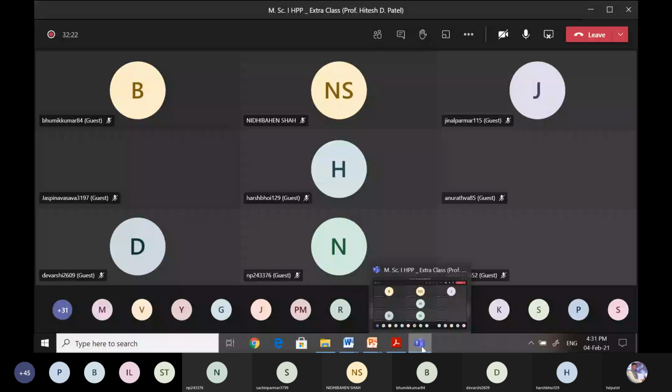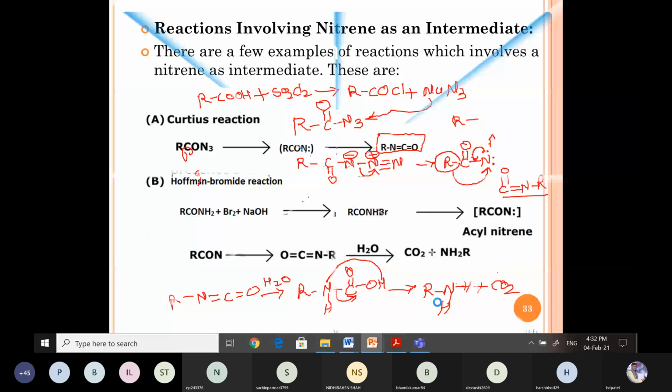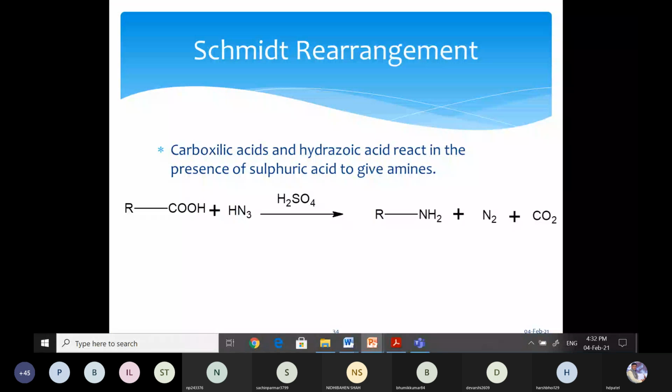Schmidt rearrangement. In the Schmidt rearrangement, carboxylic acid and hydrazoic acid react in the presence of sulfuric acid to give amines. Means the carboxylic acid will react with HN3. HN3 is a highly unstable compound, so it is not advisable to store it.